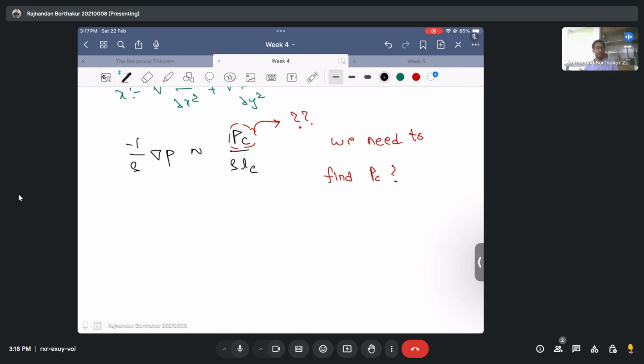Then we'll take it step by step. So we have one option. The first option is my pressure term can scale as the viscous term.